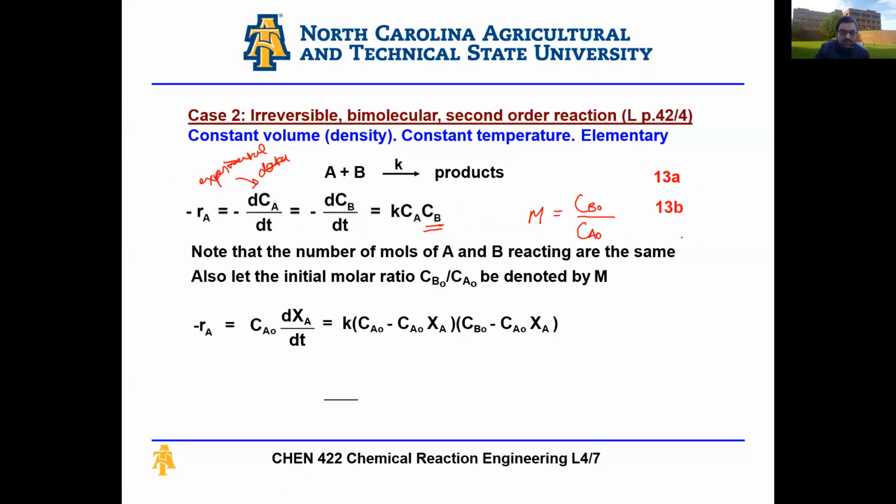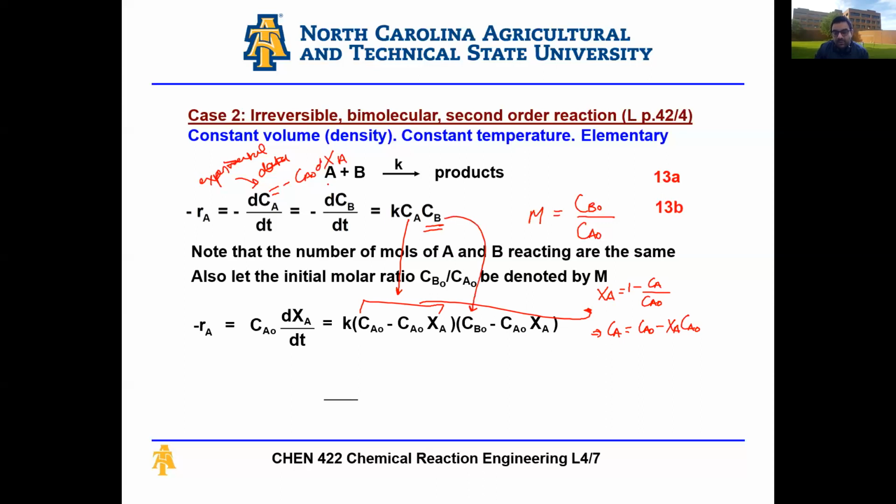And we said XA is equal to CA naught minus CA divided by CA naught. So this basically means that CA is equal to CA naught minus XA CA naught, right? Which is right here. So I just replaced CA with this expression.